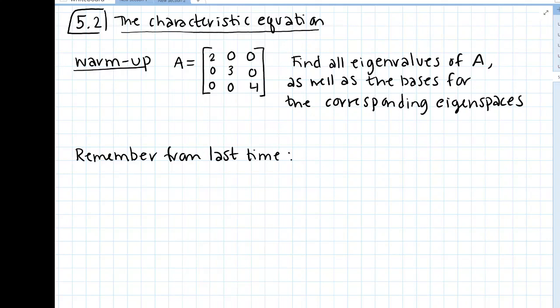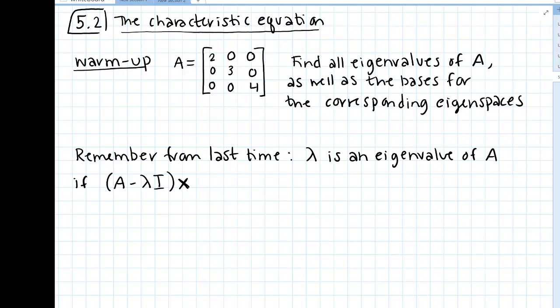If you're trying to find the eigenvalues of a matrix, you know that a number lambda is an eigenvalue of a matrix A if A minus lambda I times x is equal to 0 has non-trivial solutions. And those non-trivial solutions are going to be the corresponding eigenvectors.